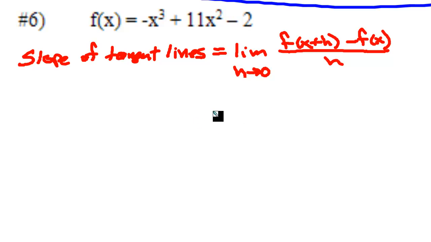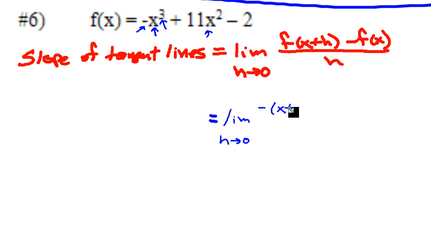Number 6. Every problem starts out the same. Slope of all tangent lines is the limit of the difference quotient as h approaches 0. f of x plus h. We're putting x plus h in for this x and for this x. Notice there's a negative in front of it, and it's cubed.